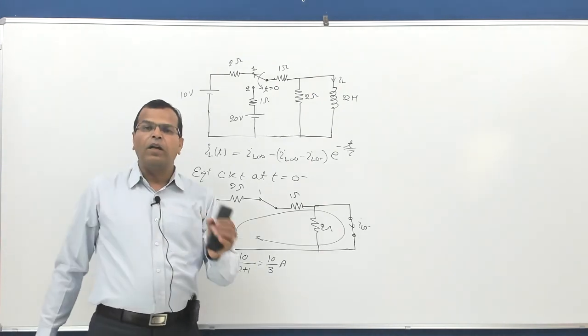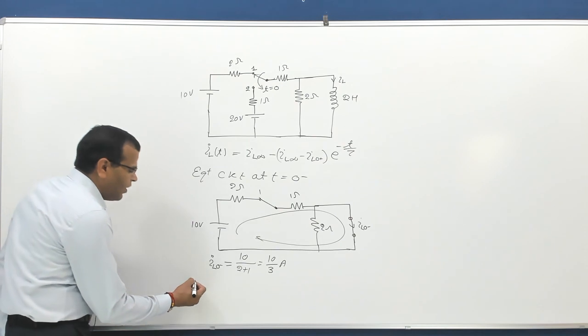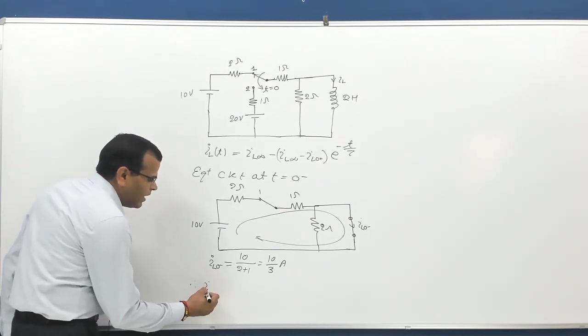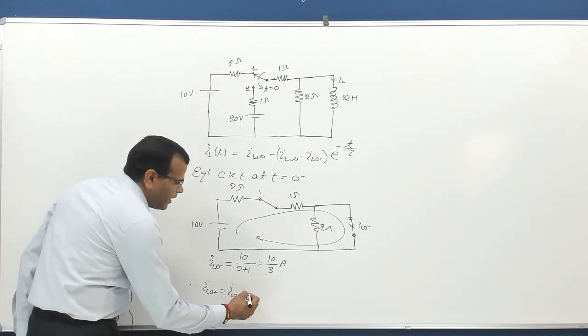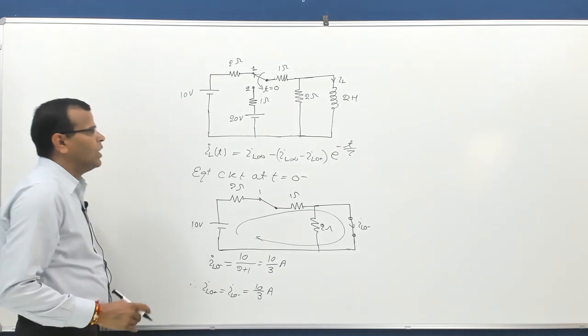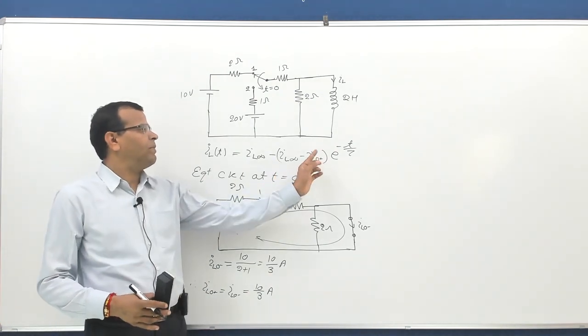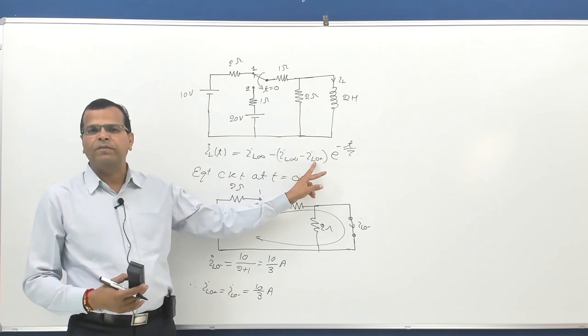But I told you the current through the inductor cannot change instantaneously. Therefore, I will simply say IL 0 plus is equal to IL 0 minus, and that is 10 by 3 ampere. So, out of these 3 parameters, I have calculated this parameter.